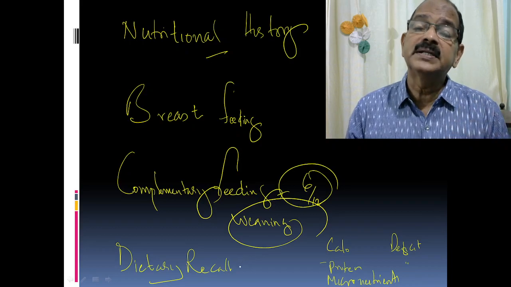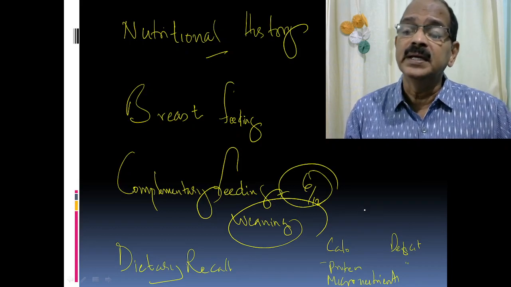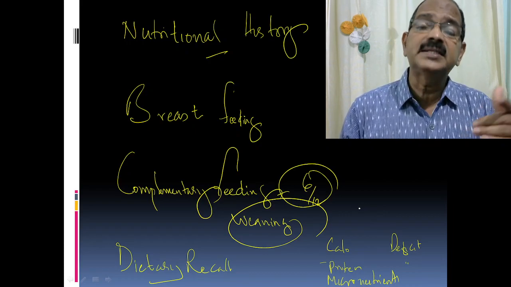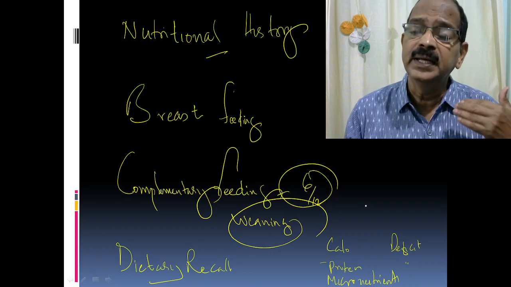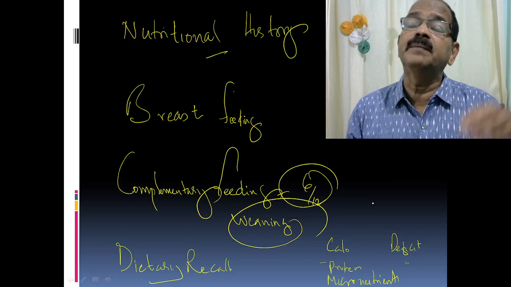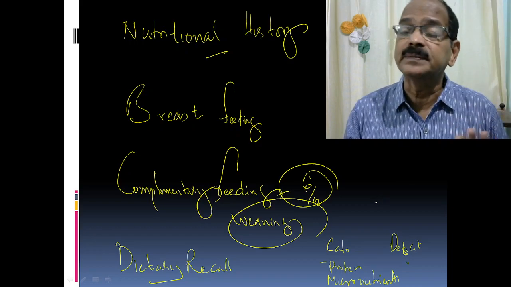And suppose it's a 3-year-old child, you need to ask how long breastfeeding was given, when the complementary feed was started, and what he is getting now, immediately before the illness. So you need to ask at what time he wakes up and what all things are given item by item till he sleeps.